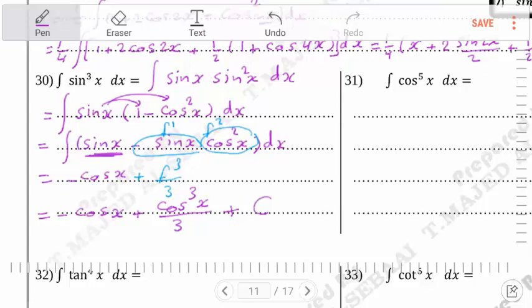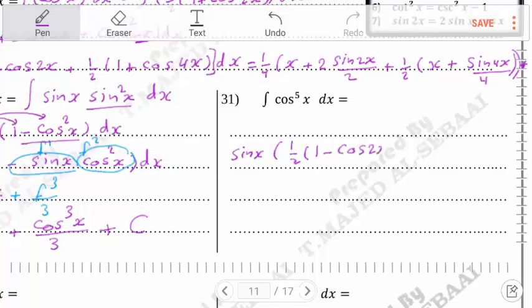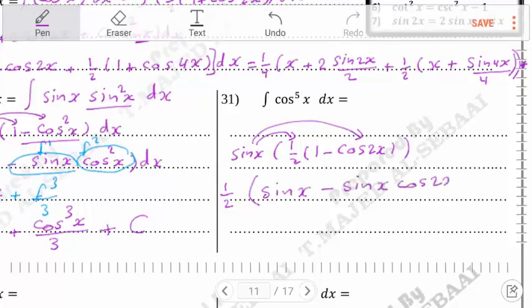Okay, what if I used, instead of this rule, the rule that says half 1 minus cosine 2x? It will be like this: sine x multiply half bracket 1 minus cosine 2x. When I multiply this by this and this by this, I will take half out, then sine x minus sine x cosine 2x.